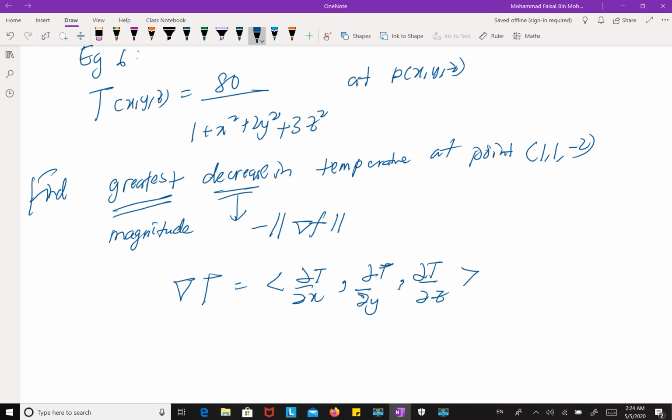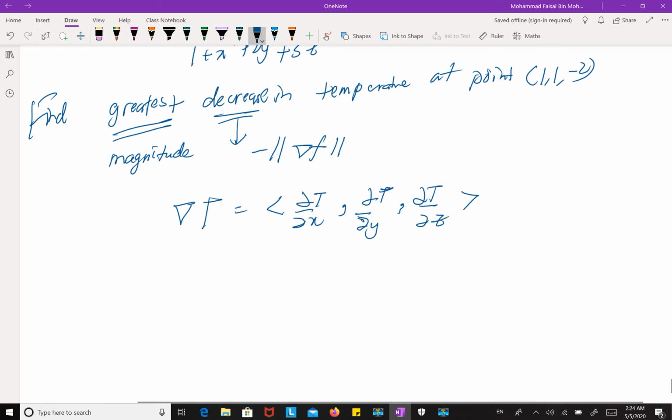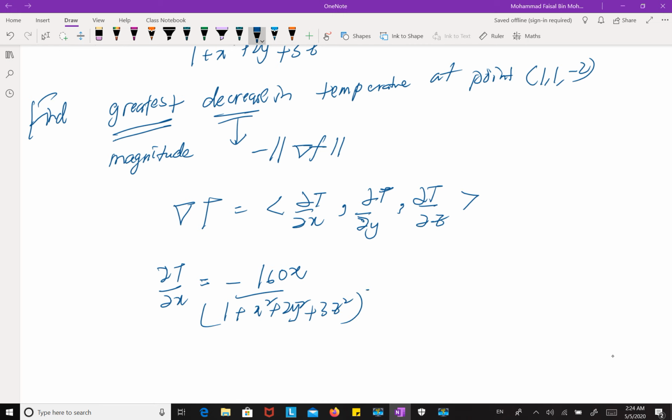Okay, so if you differentiate del T del x, you will get negative 160x over (1 plus x squared plus 2y squared plus 3z squared) squared.